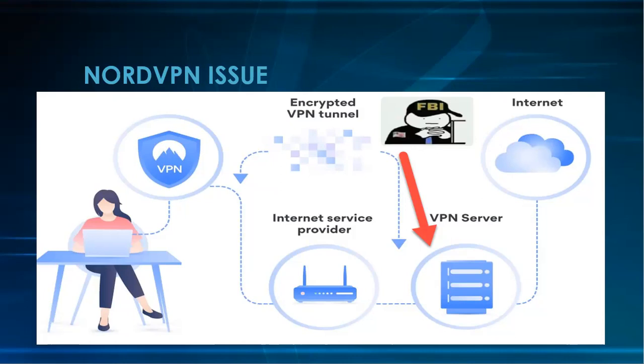You've got to remember that when you initiate that connection, the logs documented your source IP address, your IP address, and your destination IP address, which was the NordVPN server, right? To initiate that connection, right?